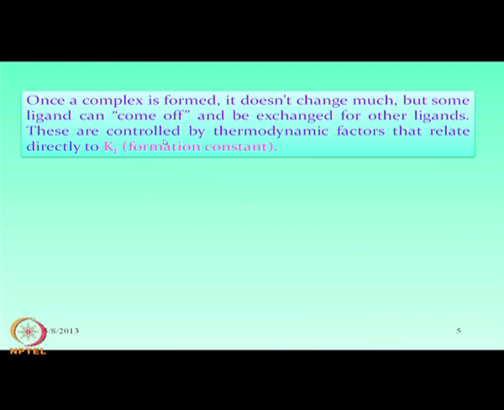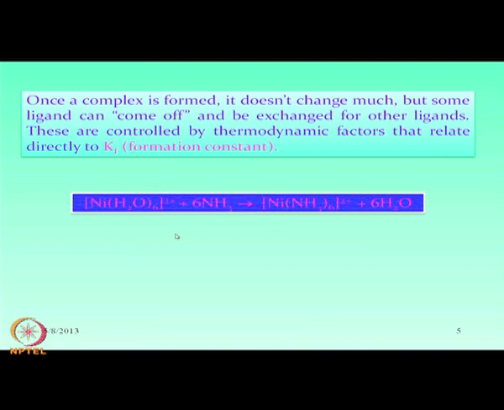And this particular transition from the aqua complex to the amine complex will be controlled by the thermodynamic factors that relate directly to the Ka values, the formation constant values. So, we see that the 6 water molecules are bound to the nickel, and it is a ligand substitution reaction in a stepwise manner again.